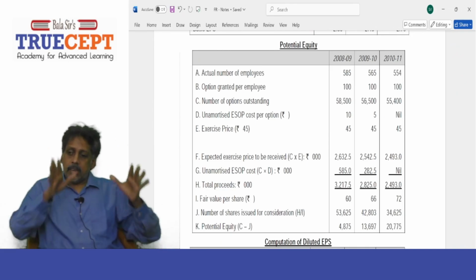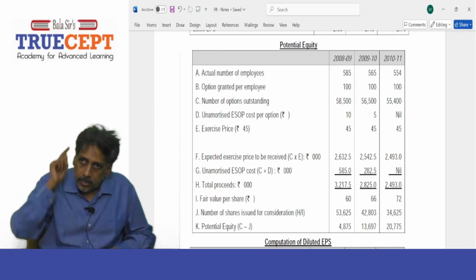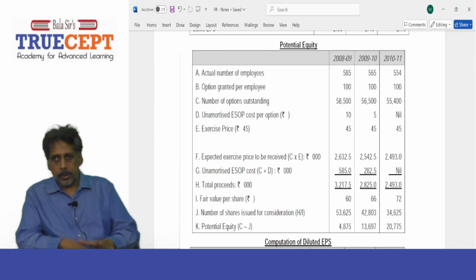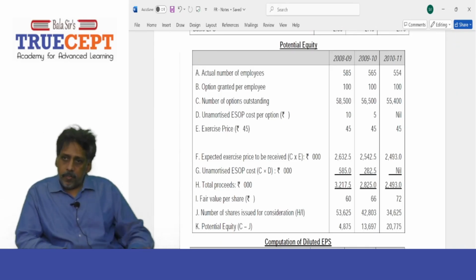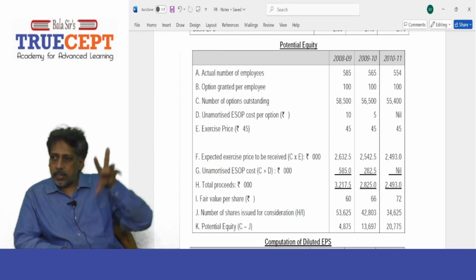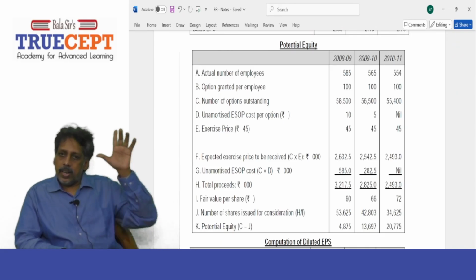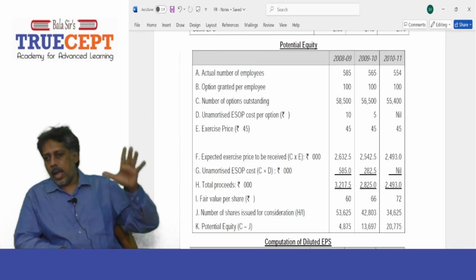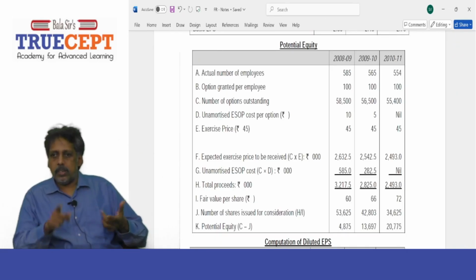In case an employee is allowed to exercise their option at the end of the first year itself, that can't happen. They have to work for how many years? 3 years. What if the options are exercised at the end of the first year by those 585 employees? Then the company has to issue 58,500 shares.